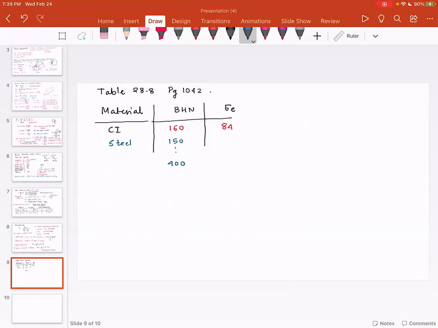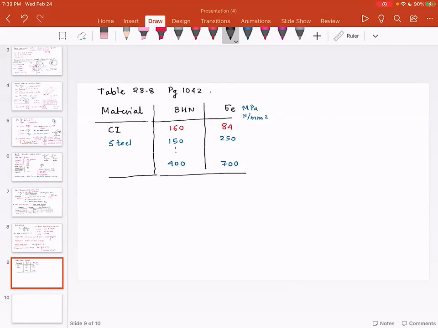With that, the endurance limit can go from 250 megapascals, which is the same as Newton per millimeter square, all the way to 700 Newton per millimeter square. So when you are looking at steel, you have a wide choice.